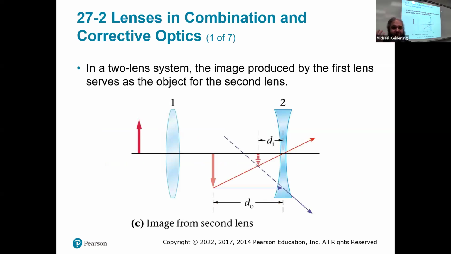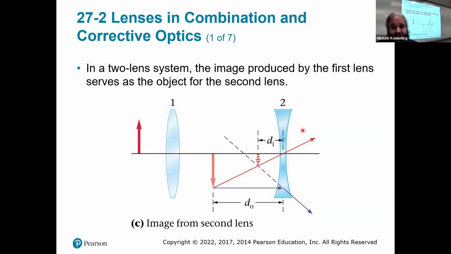Now, you could also have a multi-lens system if you have two lenses. In a two-lens system, the image produced by the first lens serves as the object for the second lens. So here we have an object. It's producing an image for the first lens.